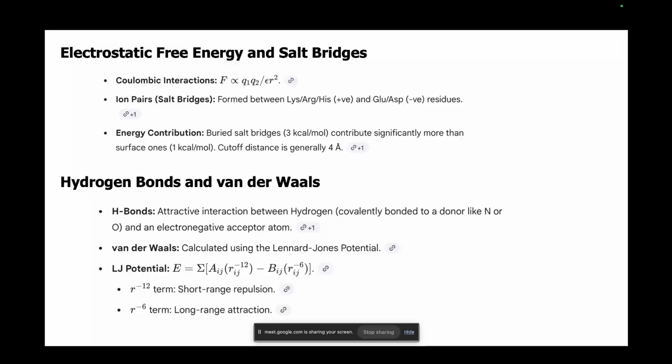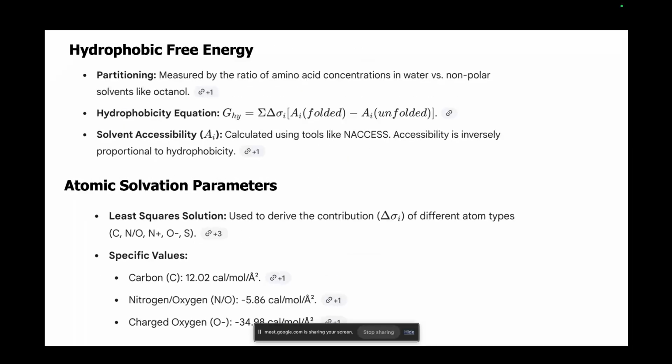And hydrogen bonds, as we all know, form between the negatively charged oxygen and the positively charged hydrogen involved in covalent bonds inside their own molecules. And then we have the hydrophobic free energy. This is very important in terms of how much energy difference in hydrophobicity we have compared to folded versus unfolded.